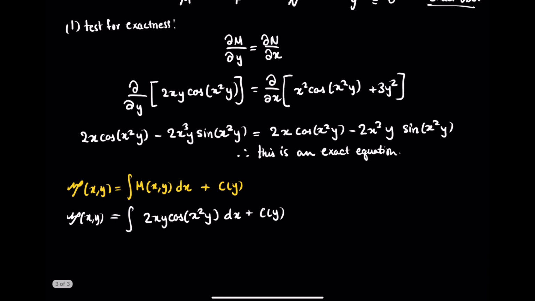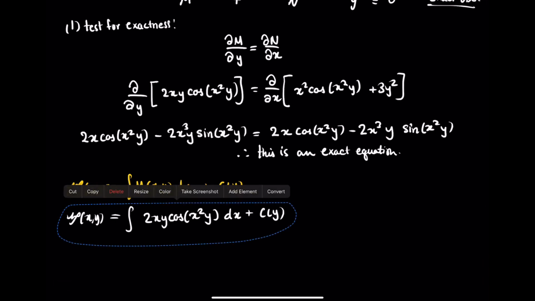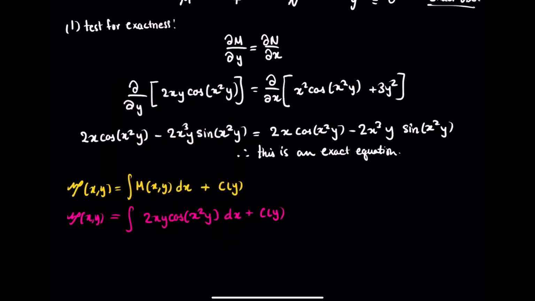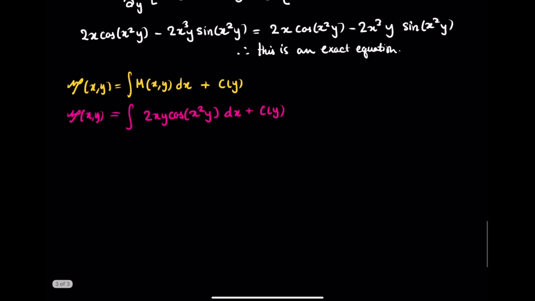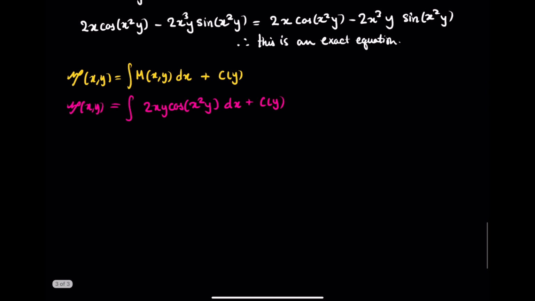And you know what? Let's change the color up. Let's make it hot pink because we can. Okay, so now we have this beautiful hot pink. Anyways, sorry for distracting. Now, this looks a lot like a u substitution.